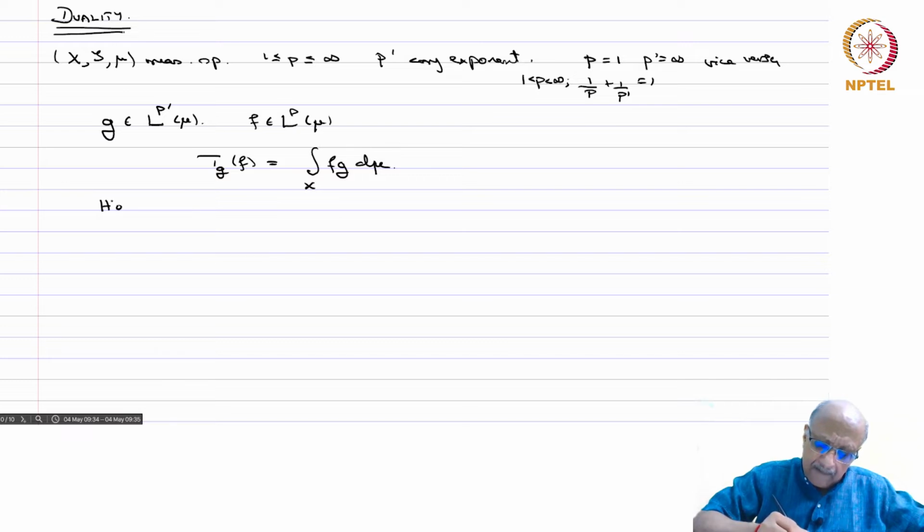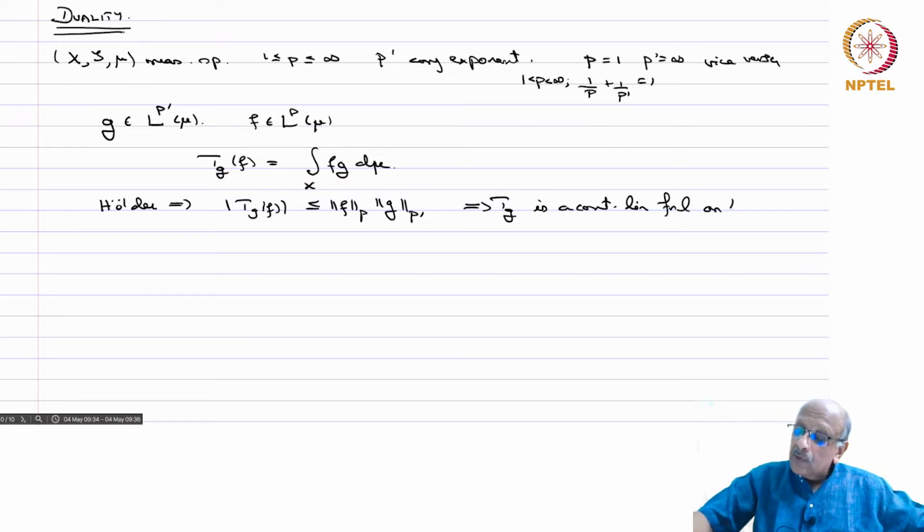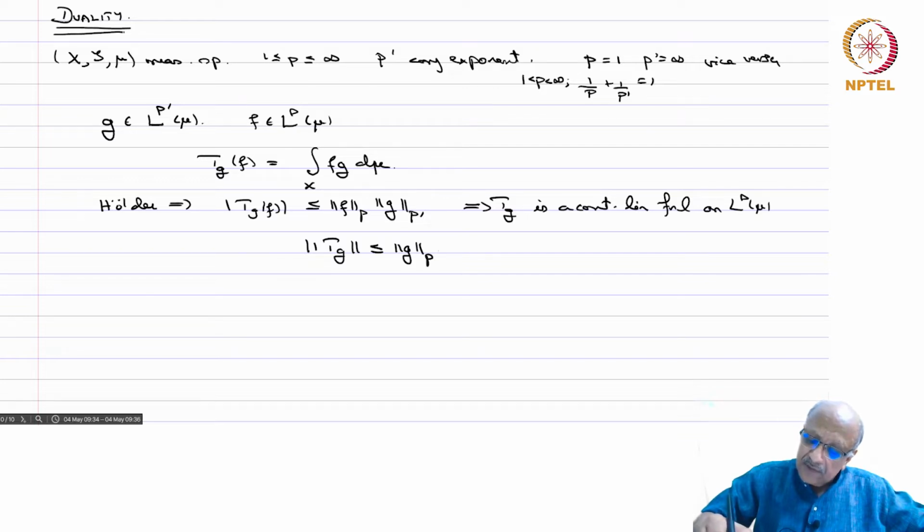So Hölder implies |T_g(f)| is less than or equal to norm f_p times norm g_p', and so this implies that T_g is a continuous linear functional on L^p(mu), and the norm of T_g is less than or equal to the norm of g in L^p'.